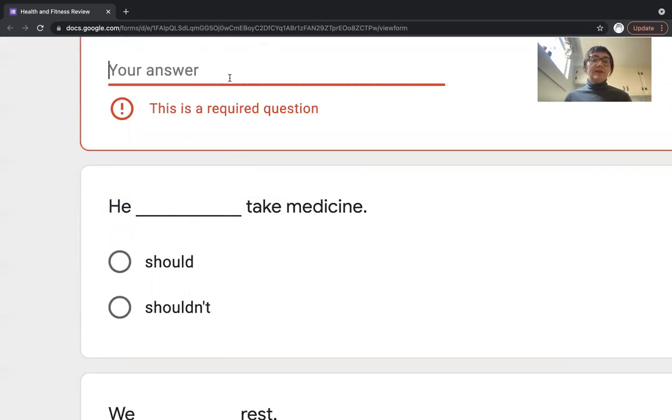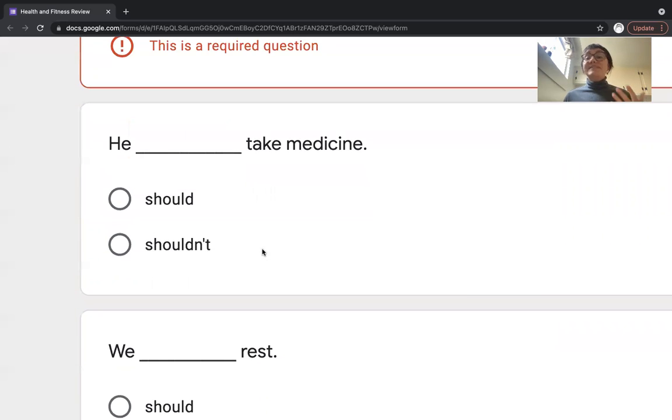The verb is take, right? He takes medicine. But a modal verb helps change how it sounds to people, the tone of it, not the tonality, right? The up and down, but how what people think you're trying to say.